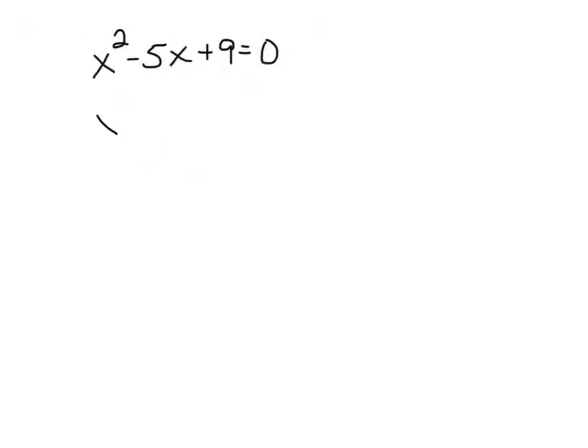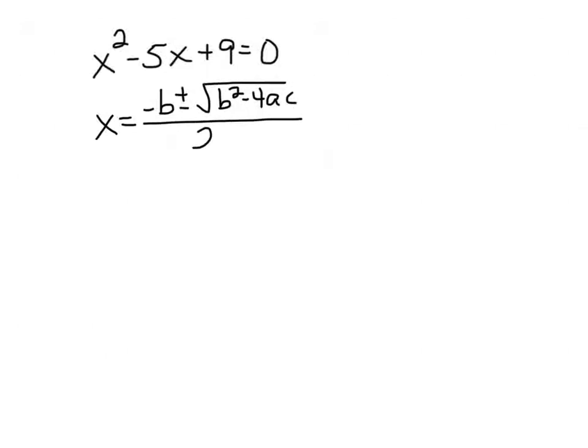Once again, when we have the quadratic formula, x is equal to the opposite of b plus or minus the square root of b squared minus 4ac all over 2a, there is a particular part of this that's called the discriminant. This part of the quadratic formula is called the discriminant because it helps you decide how many different values there are as far as the answer goes.